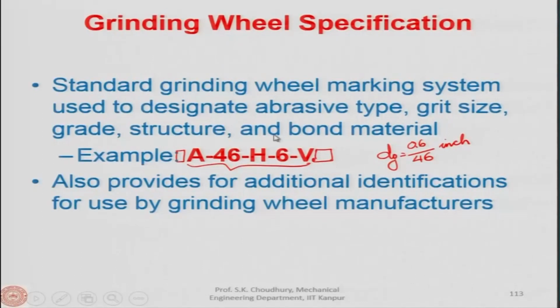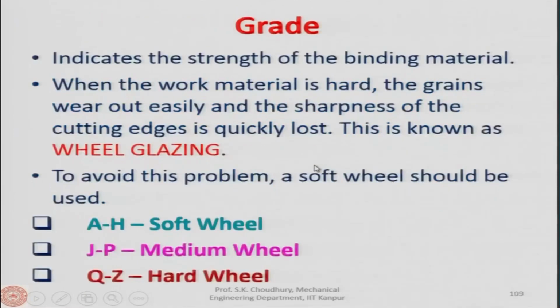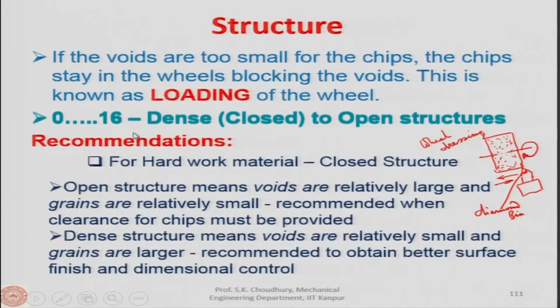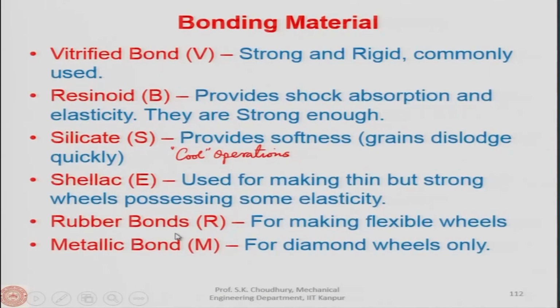Similarly, in case of an abrasive wheel, we designate the performance by this, and while purchasing the grinding wheel, you also have to mention these 5 parameters. Once again, these 5 parameters are the abrasive material, such as aluminum oxide and silicon carbide; grain size; grade; structure, 0 to 16; and the bonding material.